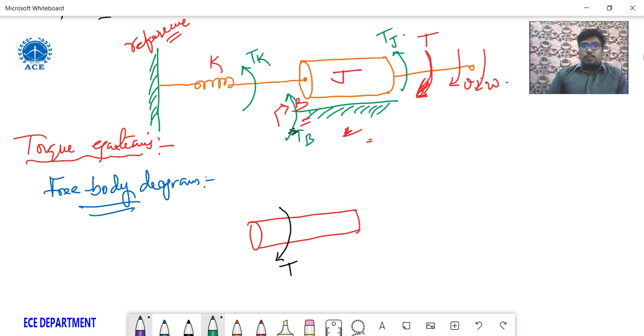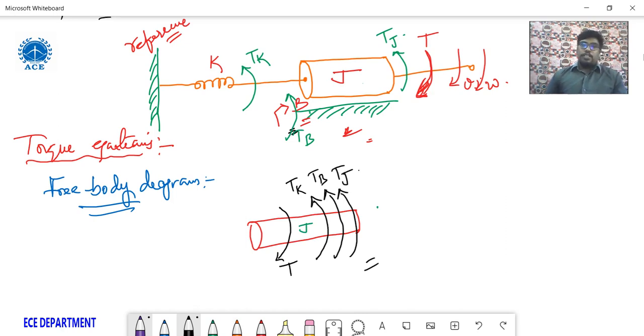So these are all the opposing torques here. The free body diagram is only the representation of applied torques and opposing torques acting on an inertia element J. The remaining three are opposing: Tk, Tb and Tj. So this is the free body diagram for the given rotational system.